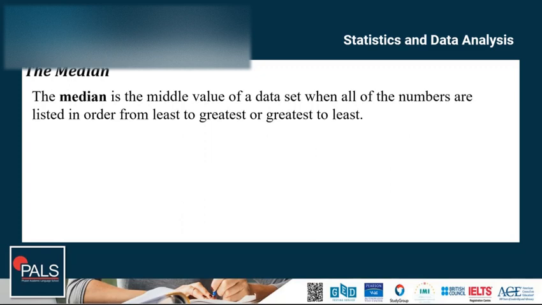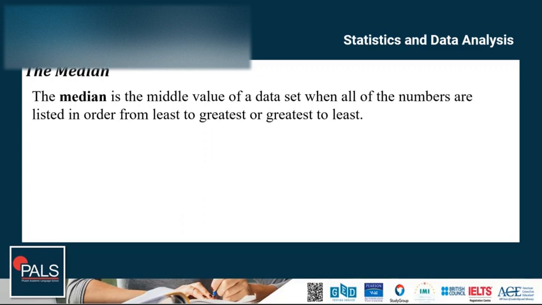If there is an odd number of values, put all the values in order and select the middle value. If there is an even number of values, same thing: put all of the values in order and find the average of the two middle values.